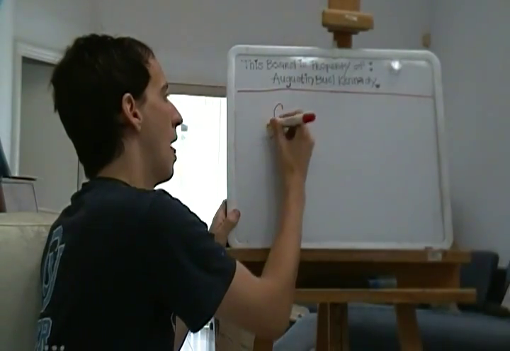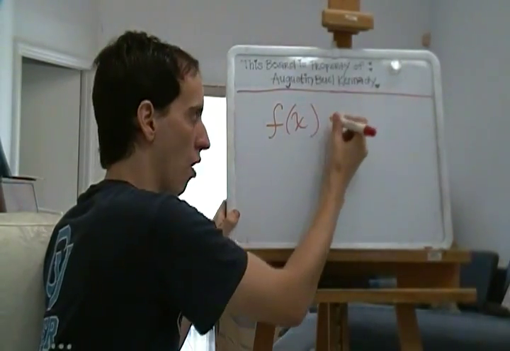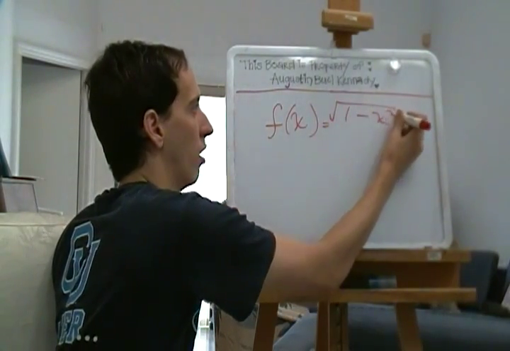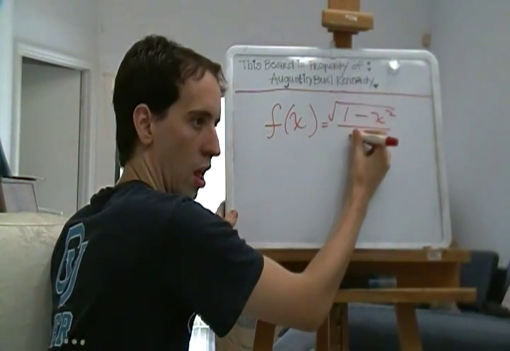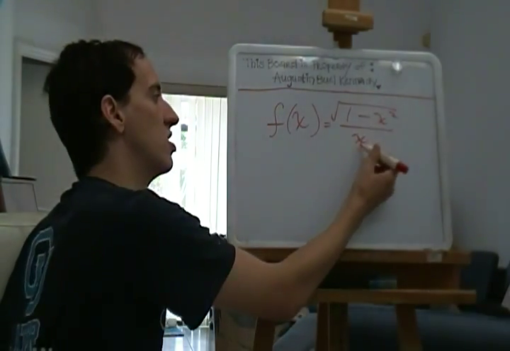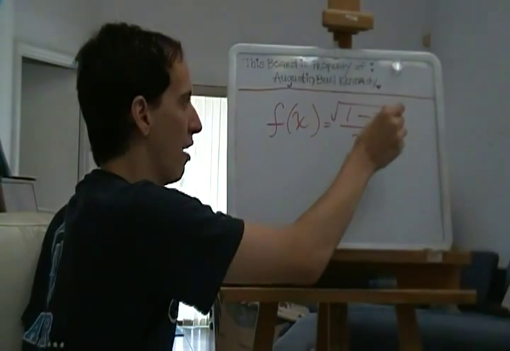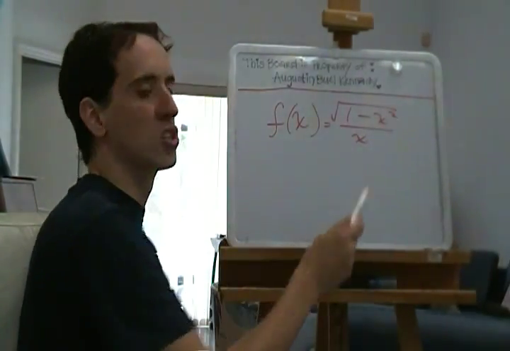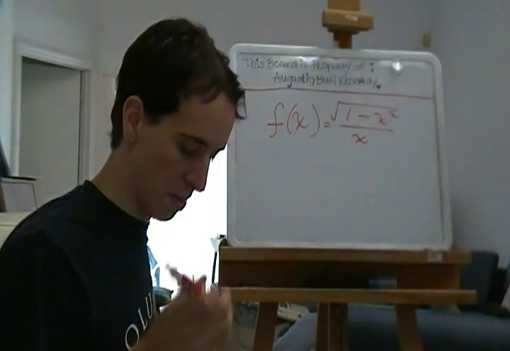First of all, f of x, let me draw it again, is the square root of 1 minus x squared over x. The domain is defined whenever the denominator is not 0 and whenever the square root's argument is not negative. So we have domain restrictions in both the numerator and denominator.